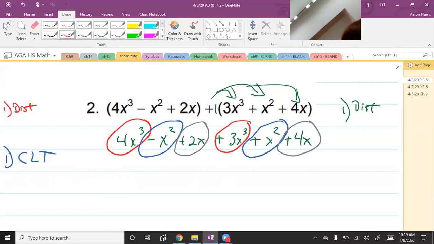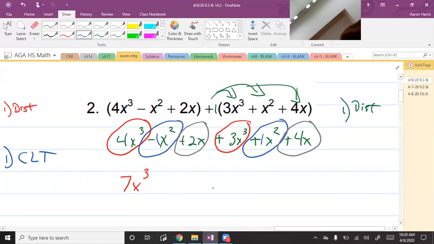So now I just add up the reds. So 4 and 3 get me what? 7x cubed. Simply put. Notice when I'm adding and subtracting, nothing changes with the variable or the power. Nothing will change when you're adding and subtracting that. So I have negative 1 plus 1. What happens? That becomes 0.